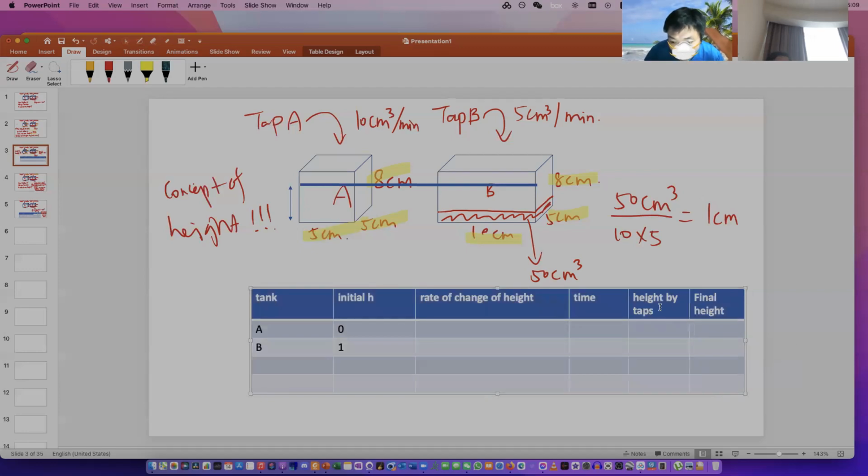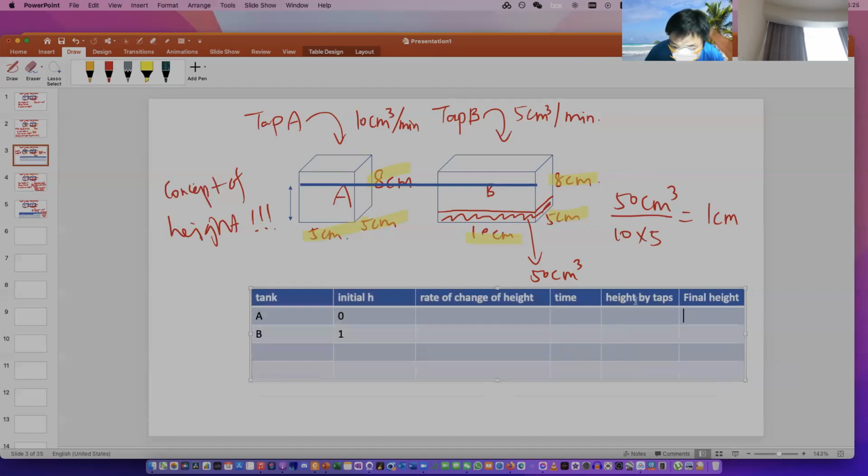So I hope you understand why I put height by tabs, and then I also need to put in an extra column here for final height. Okay, let me fine tune it a bit. Looks good.